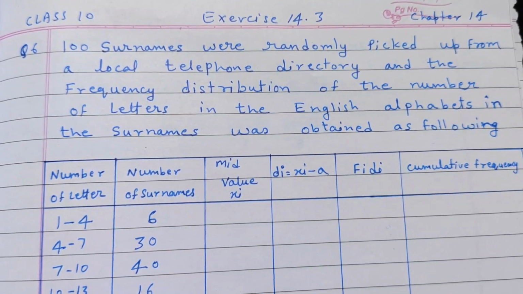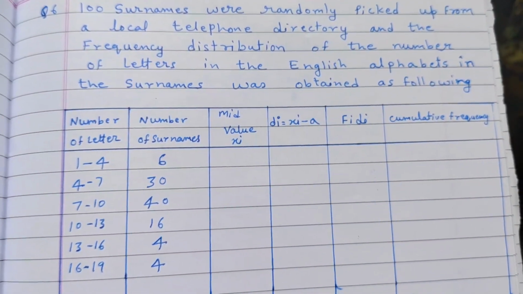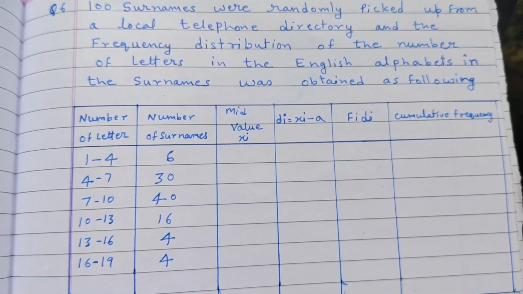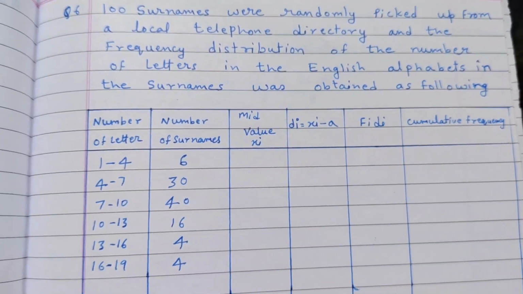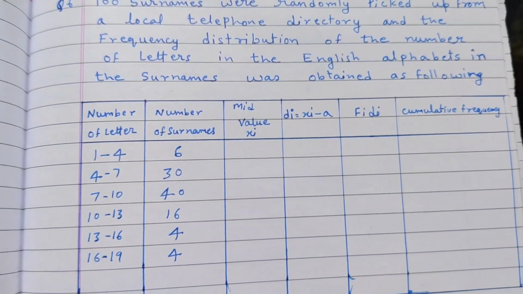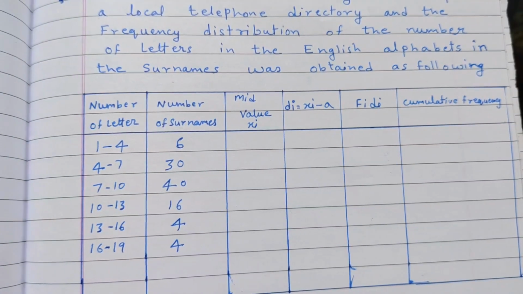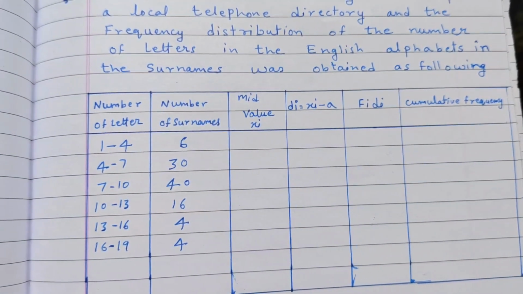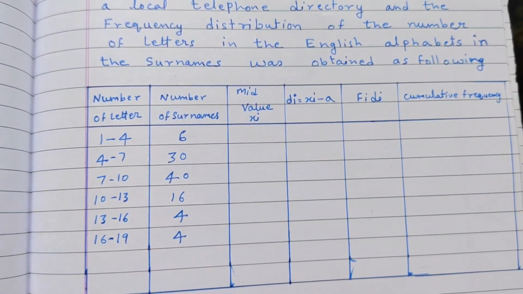Given table: number of letters 1 to 4, number of surnames is 6; 4 to 7 letters is 30; 7 to 10 is 40; 10 to 13 is 16; 13 to 16 is 4; and 16 to 19 is 4.